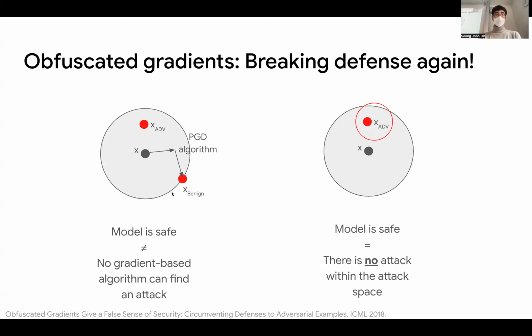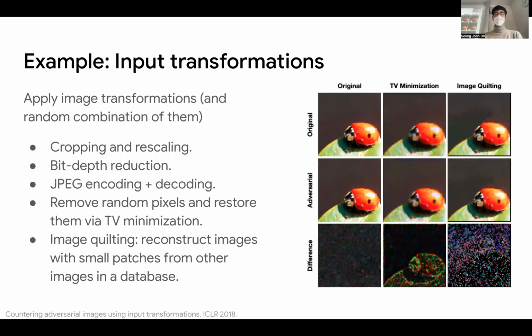So what we should keep in mind here is that the model being safe does not mean a gradient-based attack cannot find an attack. The model being safe actually requires the total absence of any attack in the vicinity in the attack space. And if this is not guaranteed, then there can still be some algorithm that's going to find the attack. So let's take a look at an example of input transformation-based defenses.